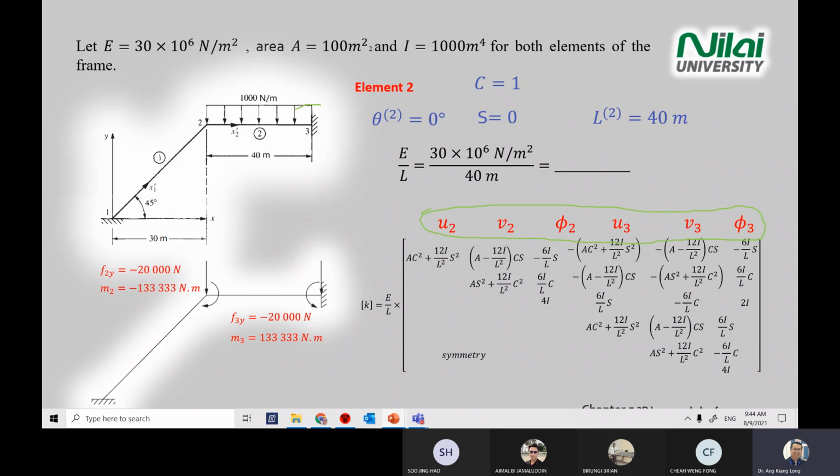Okay, so you know that element 3 mount to the wall, so you know that this one 0, this one 0, this one 0. Again, in the test, you write U3 equal 0, V3 equal 0, rotation 3 equal 0. This notation, when you write U3 0, V3 0, rotation 3 0, it will cost you 1 to 3 marks just to write the boundary condition out. Same with the point 1.